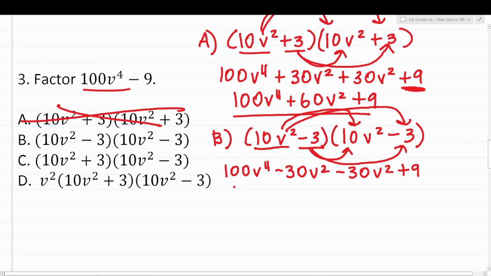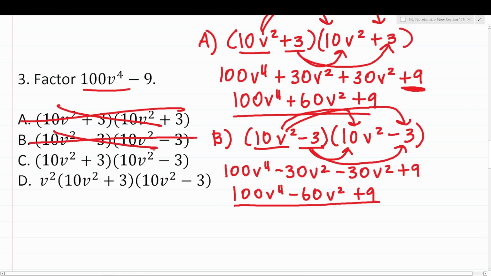So this becomes 100v to the fourth. Negative 30v squared minus 30v squared is negative 60v squared plus 9. All right, so does this match this? Clearly it doesn't, so we know B is not correct.